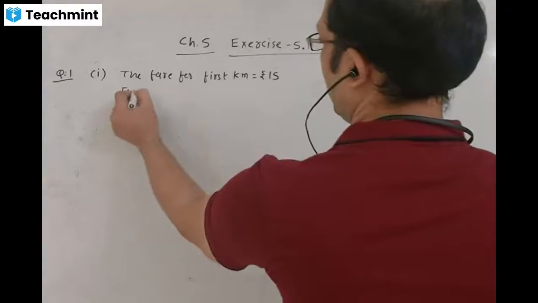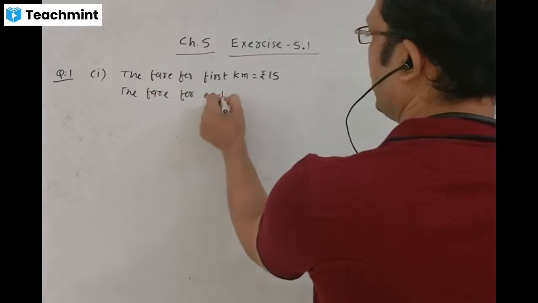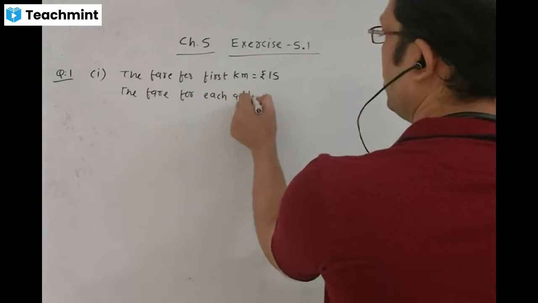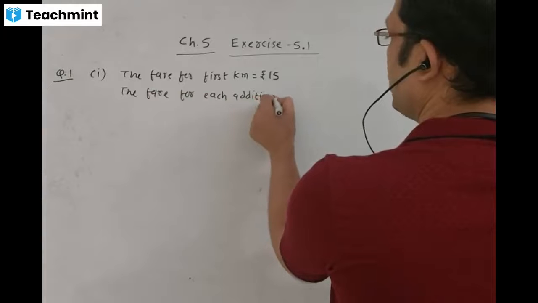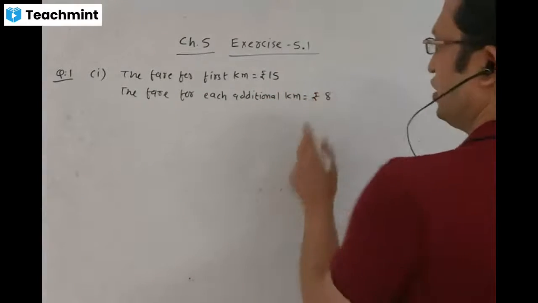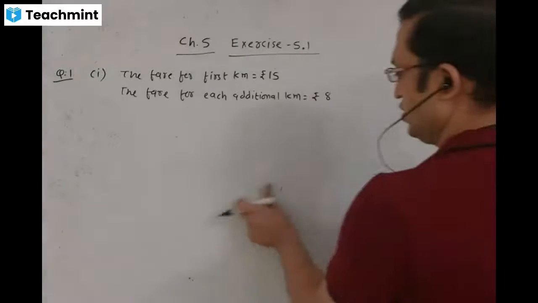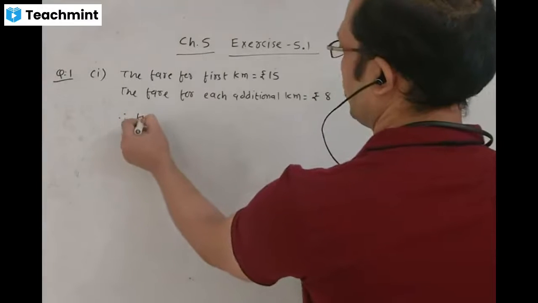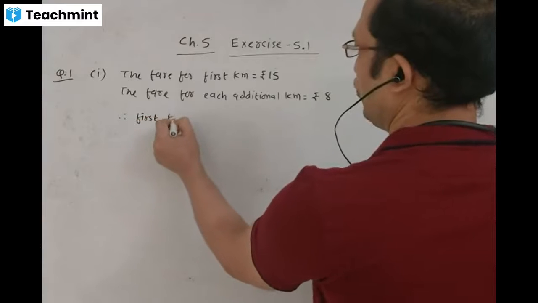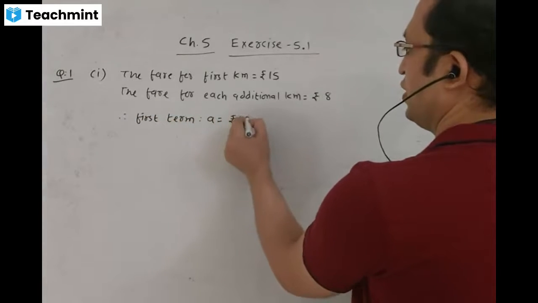The fare for each additional kilometer is equal to rupees 8. So the first kilometer fare is rupees 50, that means the first term A is equal to rupees 50.